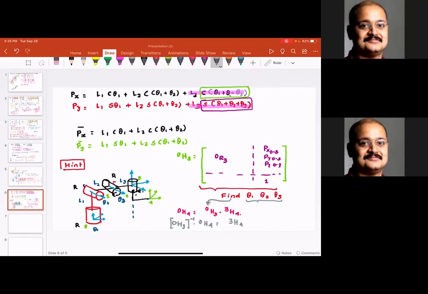Do you agree with me? Out of that, I found out theta 1, theta 2 and theta 3, assuming that those angles theta 1, theta 2 and theta 3 are purely responsible for the end effector position. Do you agree with me? But theta 4 is still there, and that theta 4 is actually hiding in here.